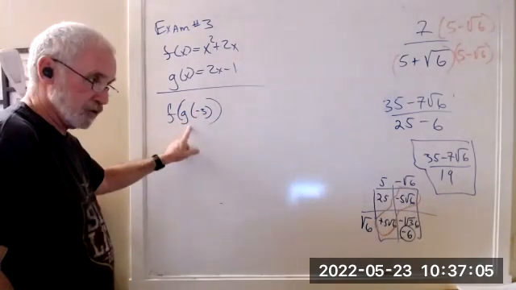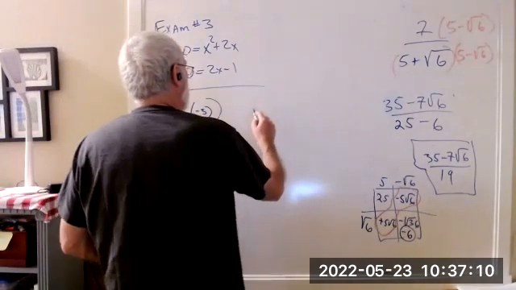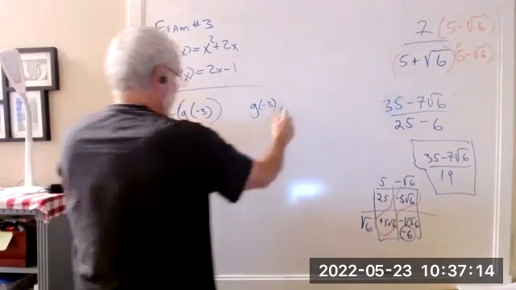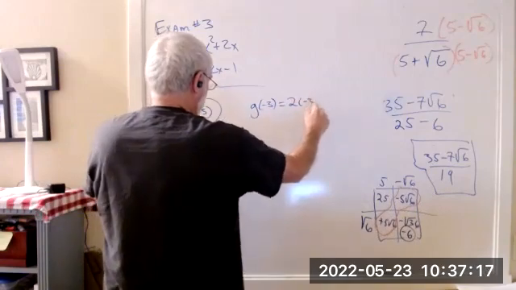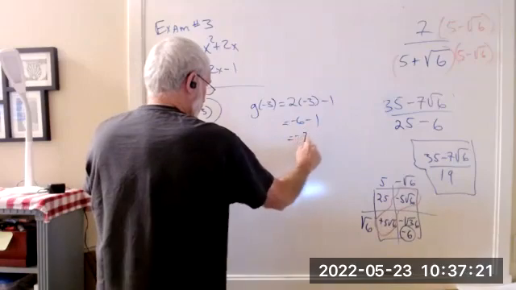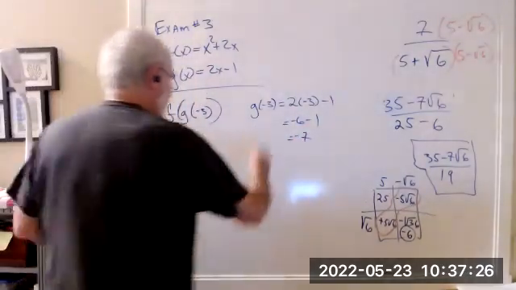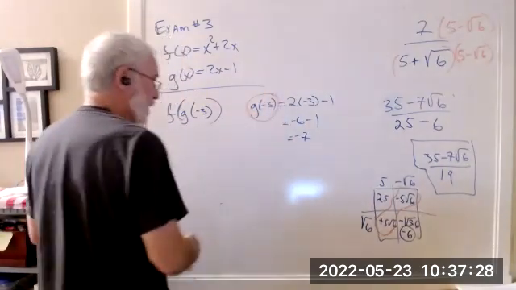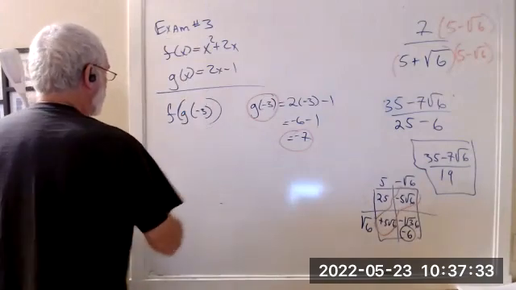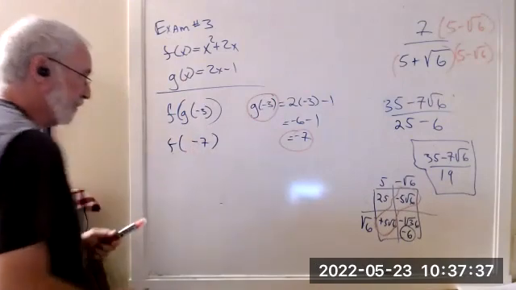Plug it into the g function. So I go off to my scratch paper and I take the g function and I plug -3 into that. So that's going to be 2 times -3 minus 1, which is -6 minus 1, which is -7. So what I just said is g of -3 is worth -7. That means this problem has become f of -7.